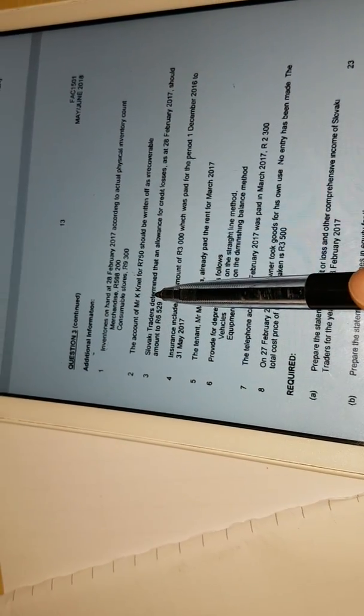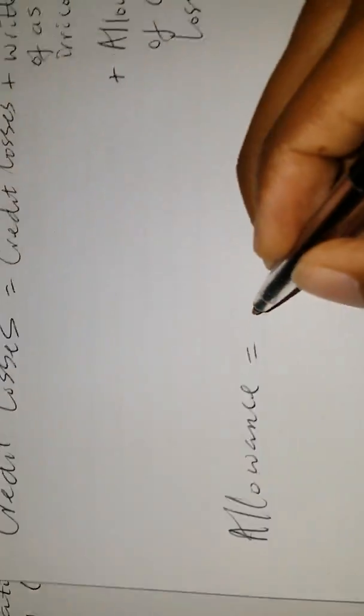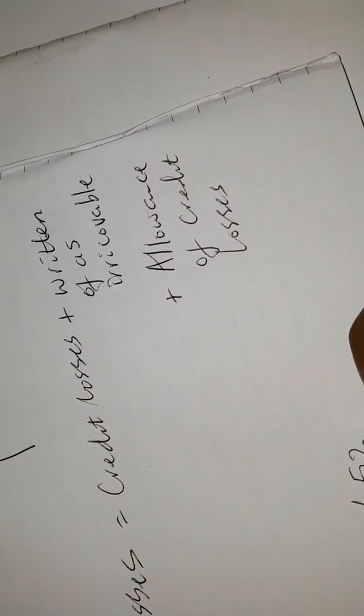It means the difference between the initial allowance you made and this one is your credit loss. So our allowance should amount to 6,529 minus the initial allowance, which was 3,750.